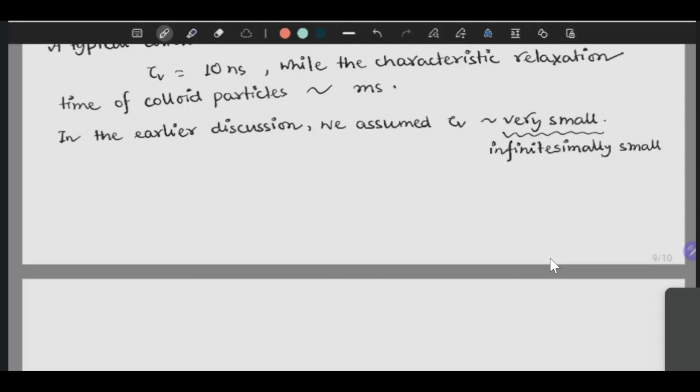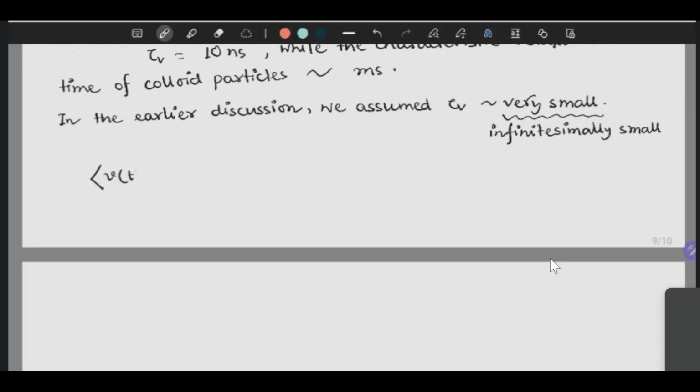Now in that limit we can easily write V(t)V(t prime) as 2D delta(t minus t prime). So in that limit we can easily write this relation, and this coefficient must be equal to 2D, so that we can get the same value.